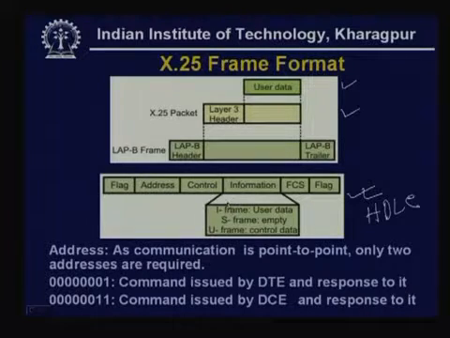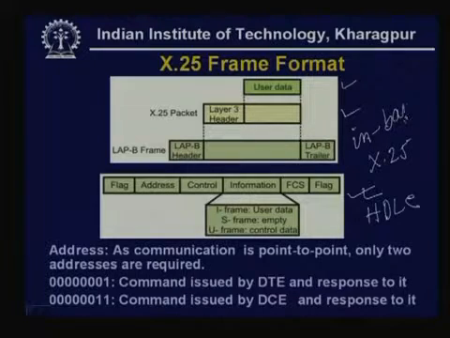One is the information frame, which is used for communication of user data, then the S frame, which is not used in the context of X.25, and then the U frame, which is used for control, to pass on control information, because it uses in-band signaling. We have discussed about it. In-band signaling is used with the help of these control frames, the U frames.